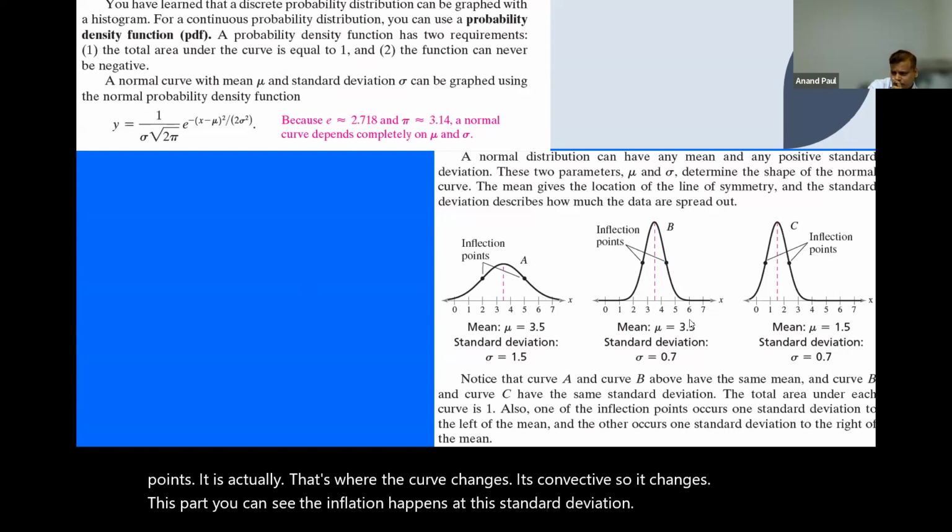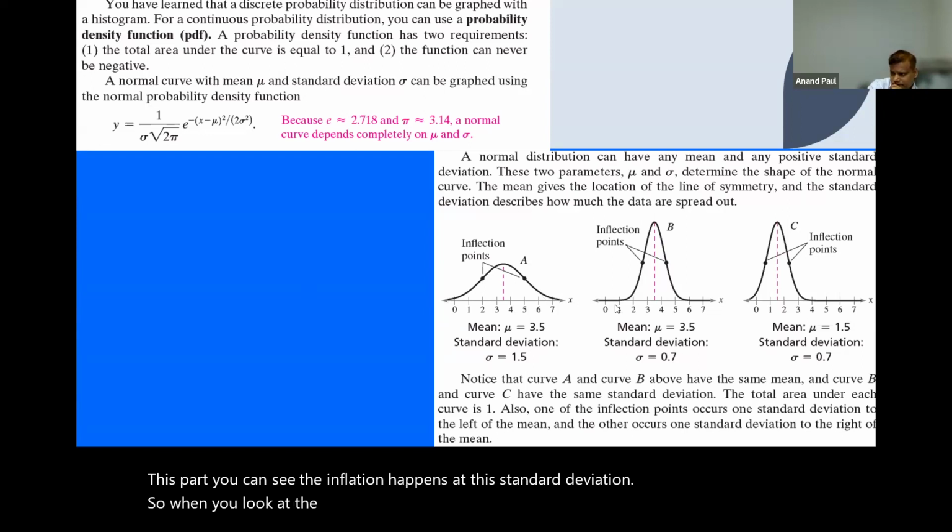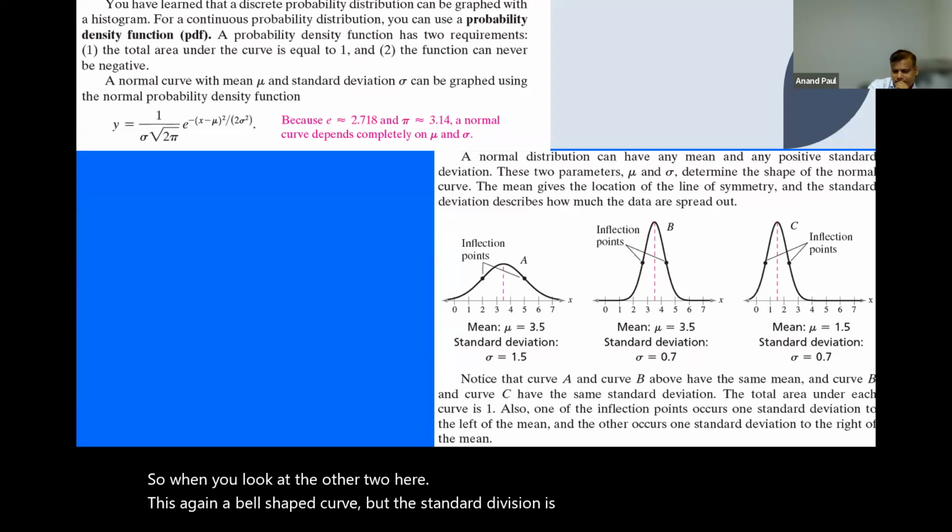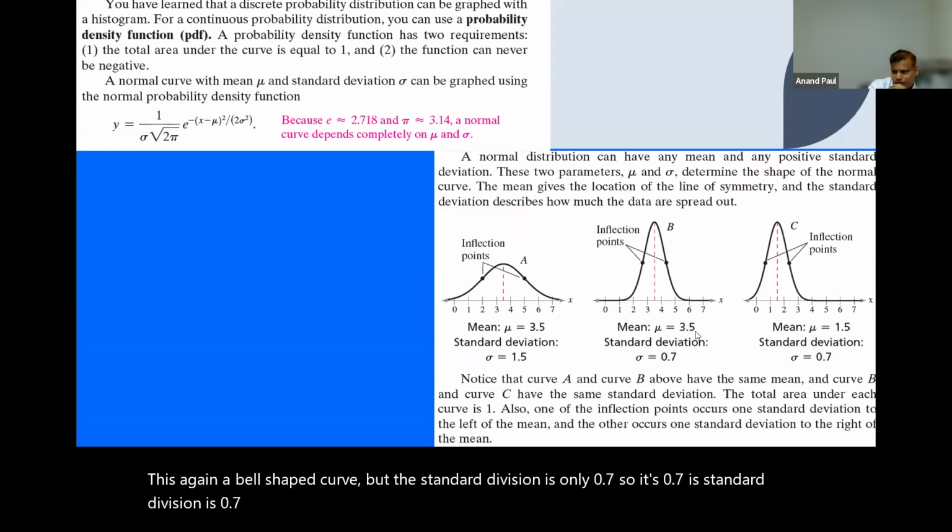So when you look at the other two, this is again a bell-shaped curve, but the standard deviation is only 0.7. It's like 3.5 minus 0.7 and 3.5 plus 0.7. These are the inflection points where it goes down drastically.